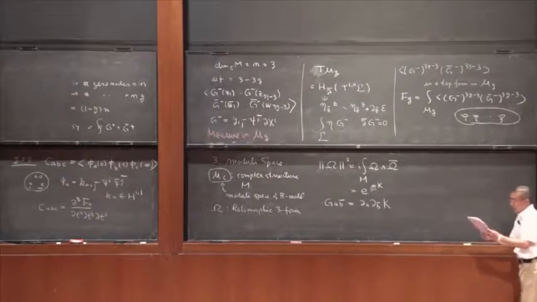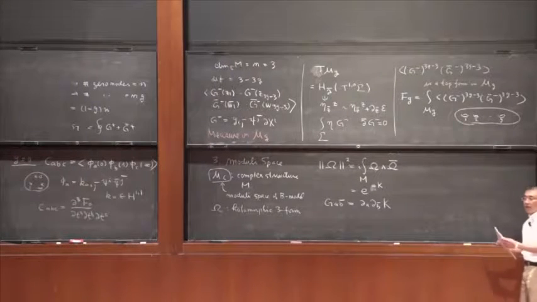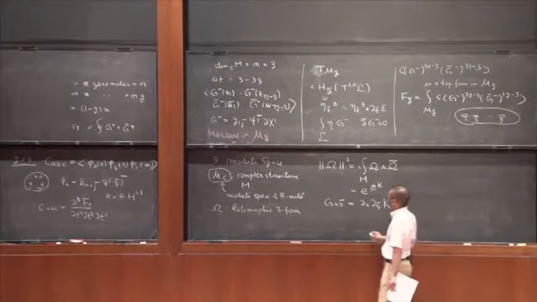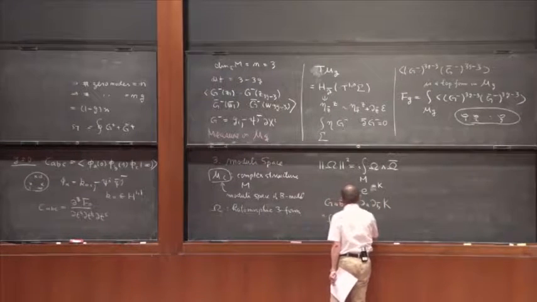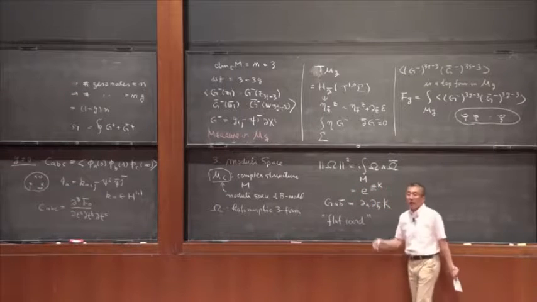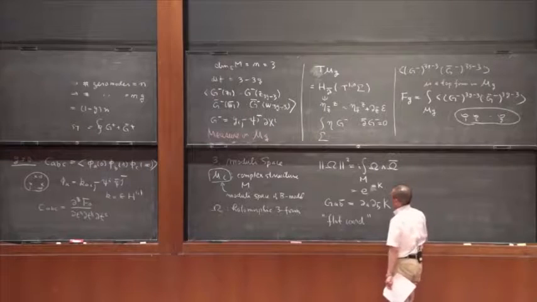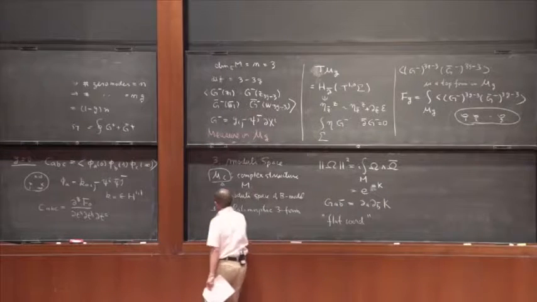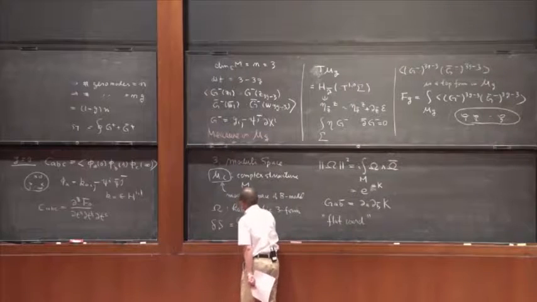When we're discussing moduli space, it's particularly useful to introduce what are called flat coordinates. These are the coordinates that naturally appear in the sigma model perturbation. Yesterday, we talked about deforming the worldsheet sigma model action by adding a perturbation to it.